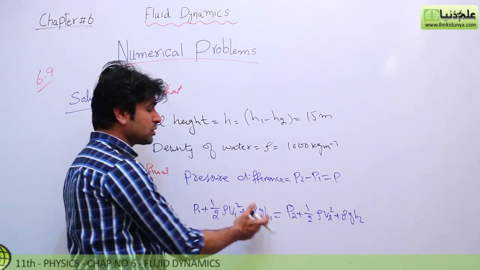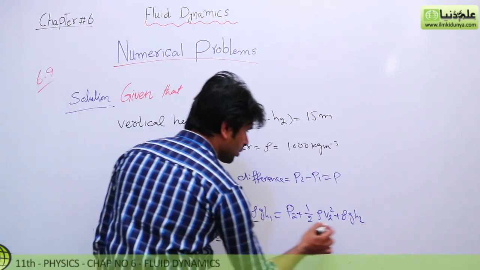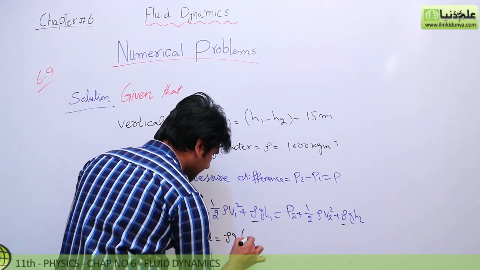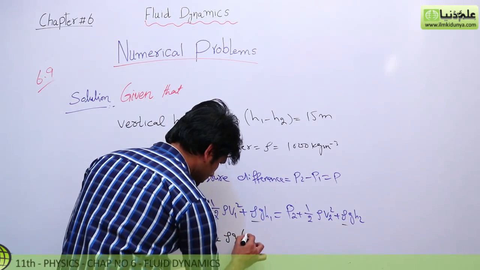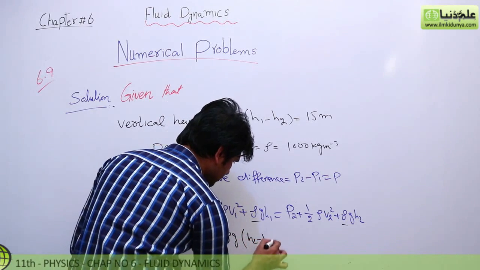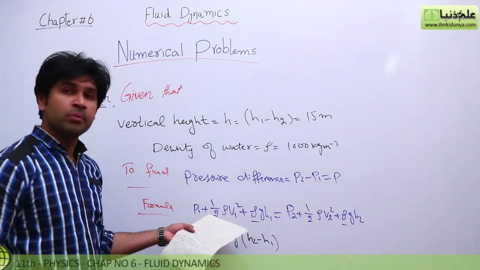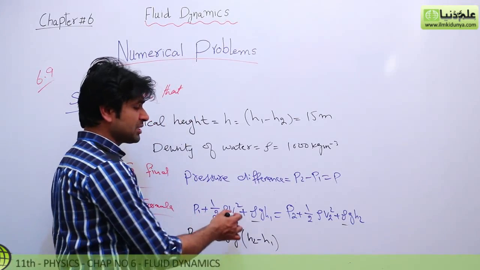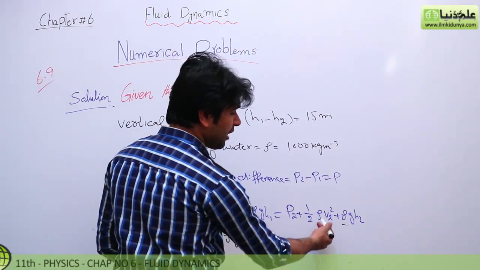Rho GH2 stays, and rho GH1 becomes minus rho GH1, and rho G is a constant, so by rearranging we have H2 minus H1, and in the kinetic energy relation, half rho V2 square.